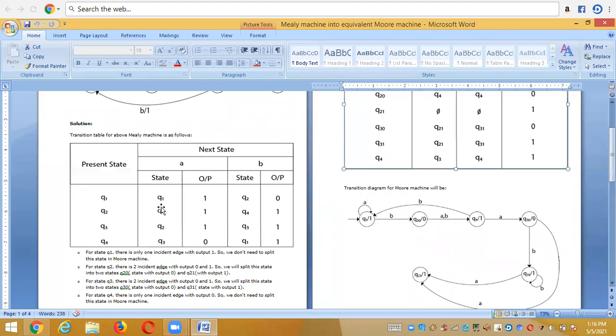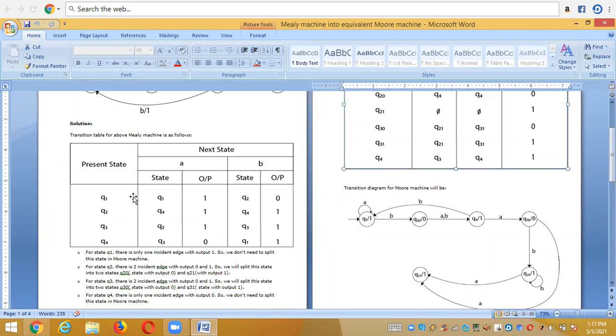So we are not changing anything for Q1 and Q4. We are only changing the states for Q2 and Q3 as Q20 for output 0, Q21 for output 1, Q30 for output 0, and Q31 for output 1, right? And now, after describing this, you need to draw the table. The table is a Moore machine table.